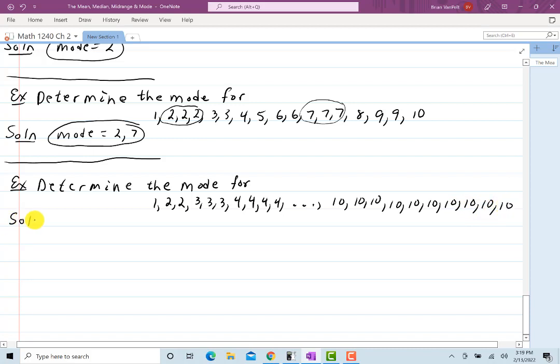Well, this solution is also easy. Since there are 10 tens, that number 10 occurred more than any others. So the mode is simply 10.